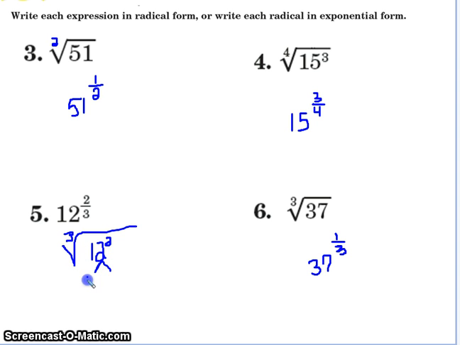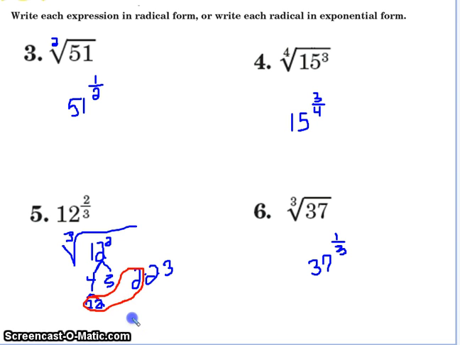Our factors of 12 are 4 and 3, and then 2 and 2. And so if we have that squared, then we have another 2 times 2 times 3. And if we want to take the 3rd root, we actually have 1, 2, 3 2's.